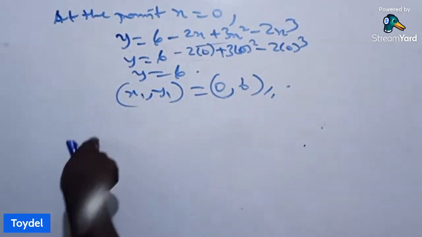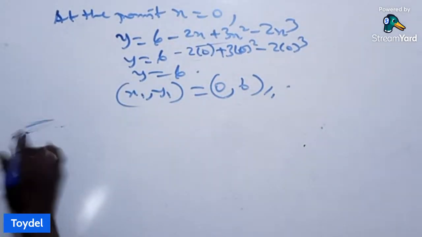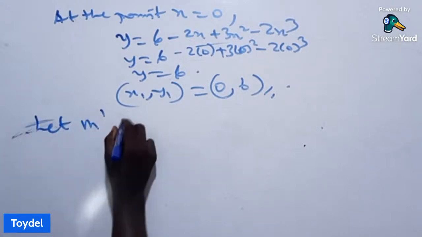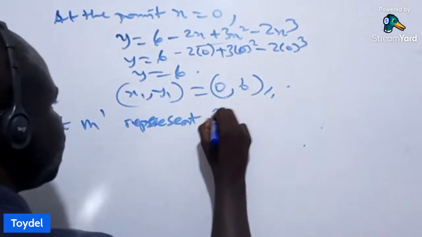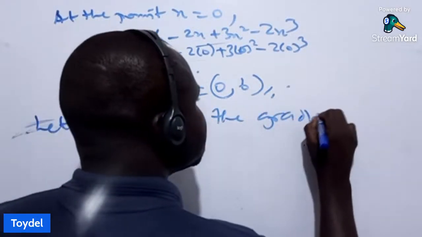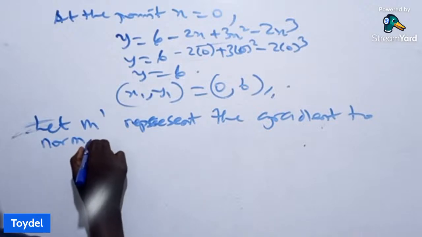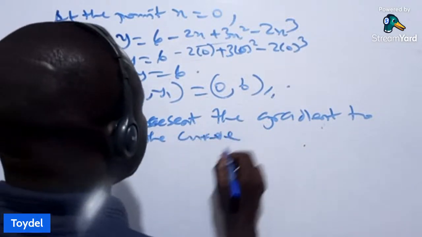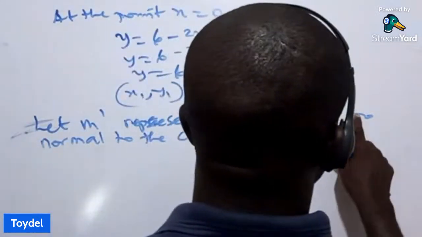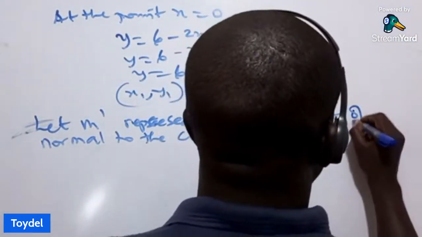So since we now know the coordinates, we can go ahead and find the gradient of normal. We know the gradient of tangent. Let m prime represent the gradient of normal to the curve.